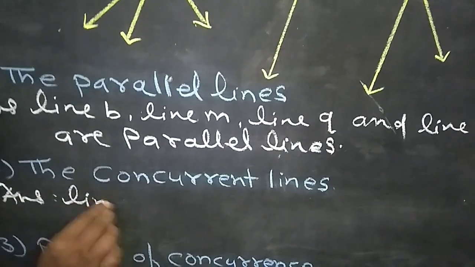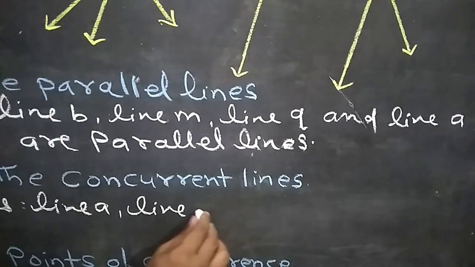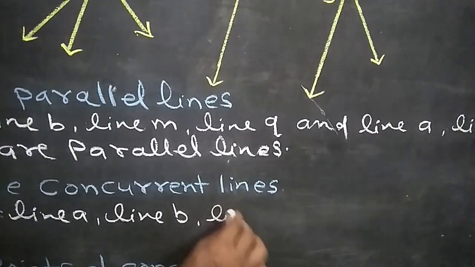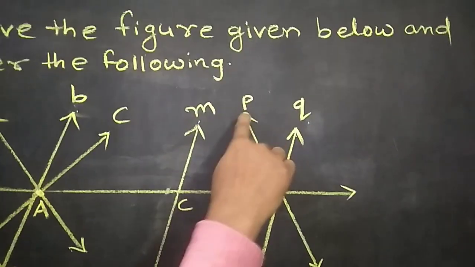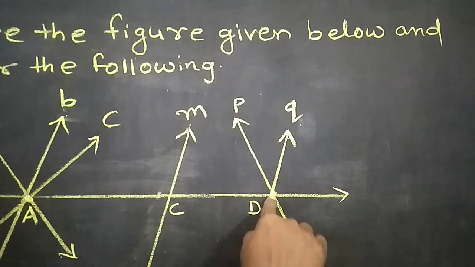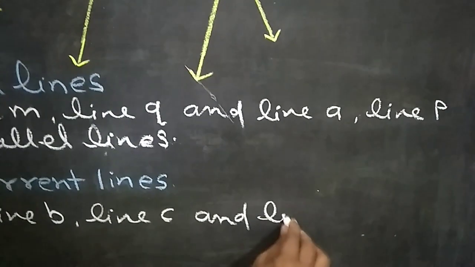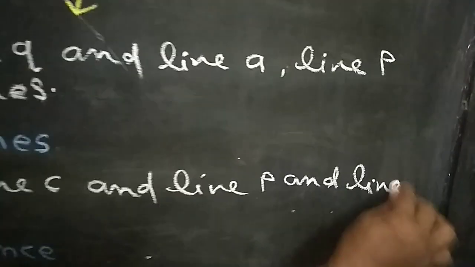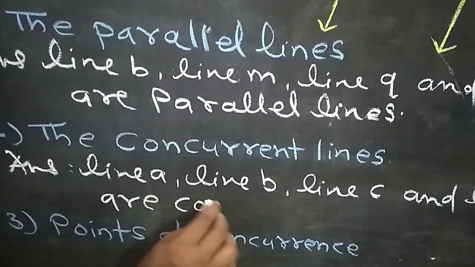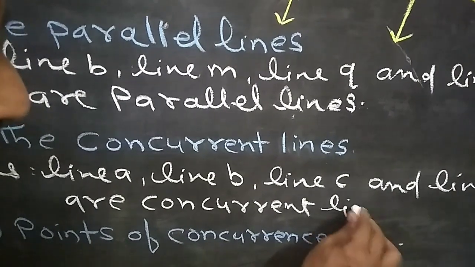First, line A, line B, line C, and you can also see here line P and line Q, both are intersecting at a point D. So P and Q will be your concurrent lines. So line P and line Q are concurrent lines.